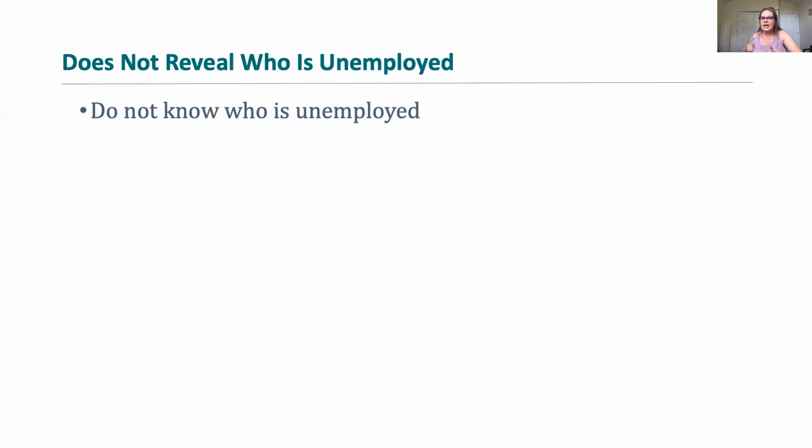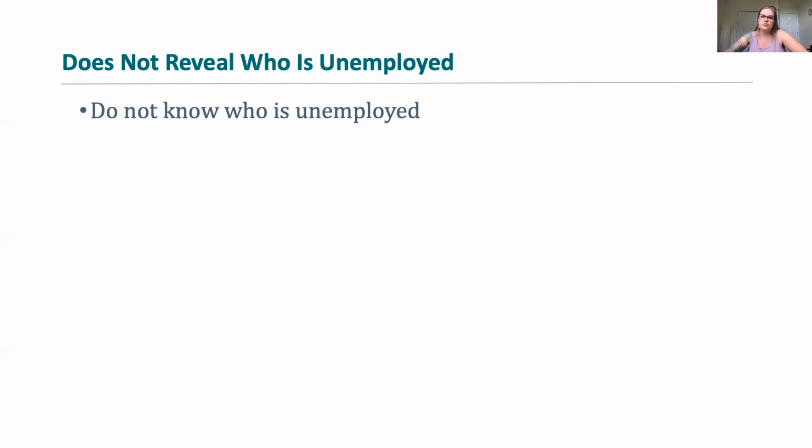Once they re-enter the labor force to look for a job, unemployment rates actually go up due to the way that we count unemployment, right? So when you go from being a discouraged worker to actively looking but not finding a job yet, you become unemployed. So overall numbers go up.